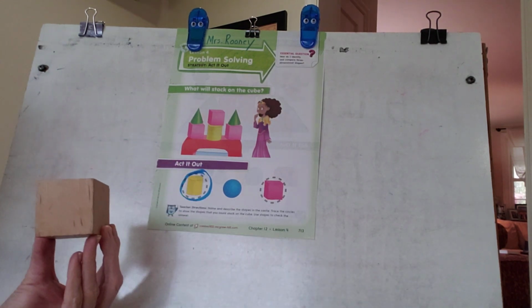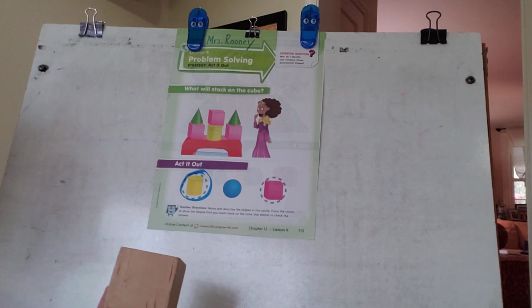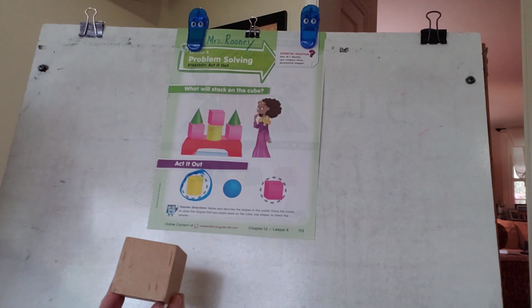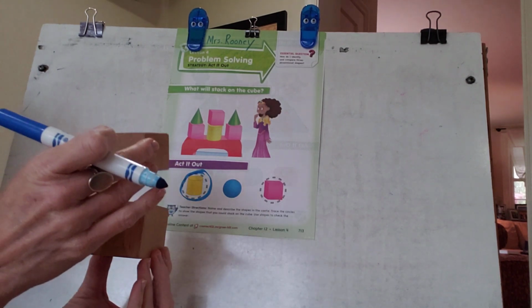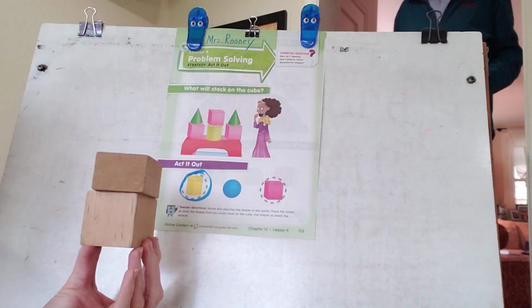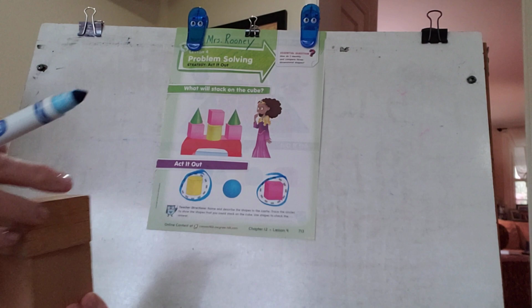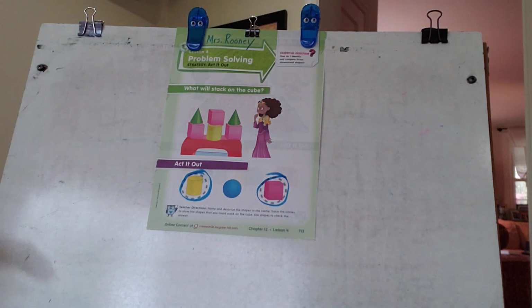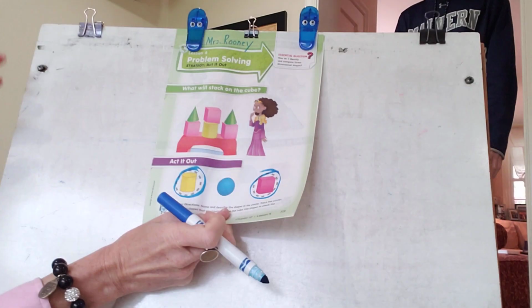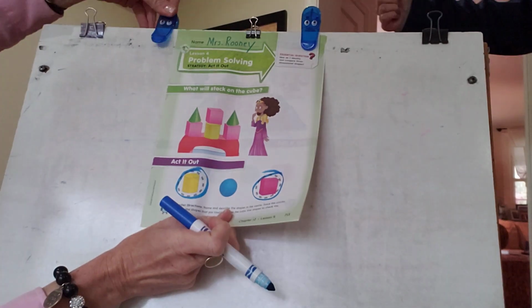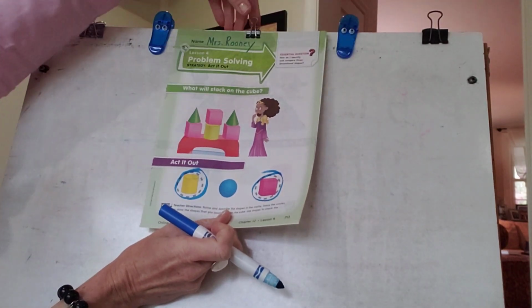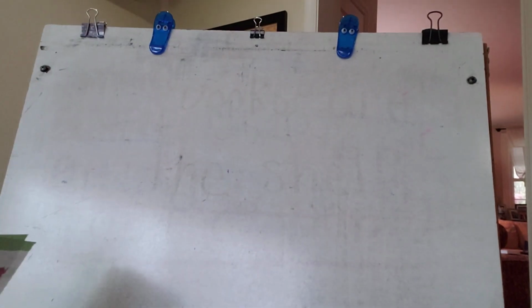That does not work, does it? Now, can I stack another cube on top of my cube? I sure can. So I can go ahead and circle that. Very good. All right. So now you see how we're building the different castles and looking at the different shapes that can stack on top.